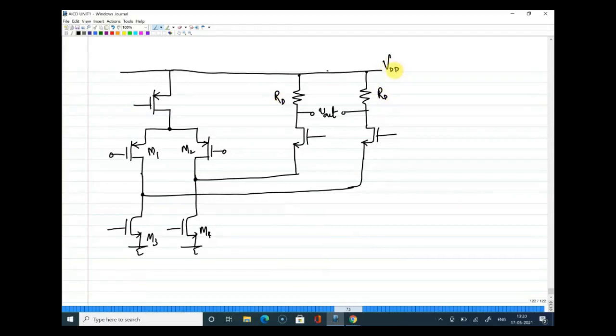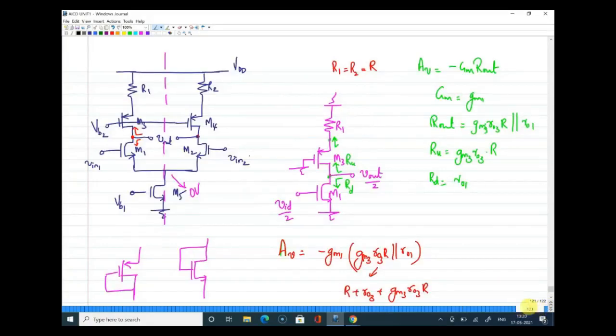Bhavya, I saw your question. Is it for the previous question, the R1 value? Okay, so I did not give any value there. Yes, the value of R depends on your design basically.